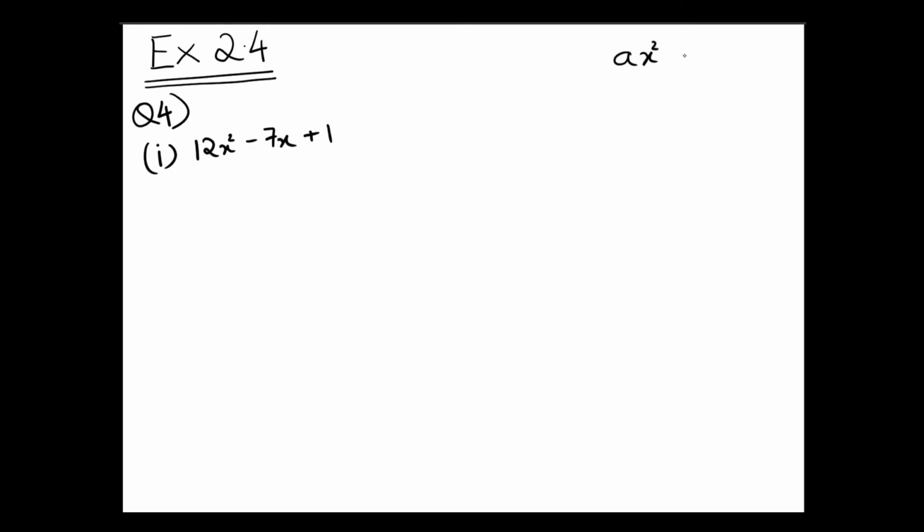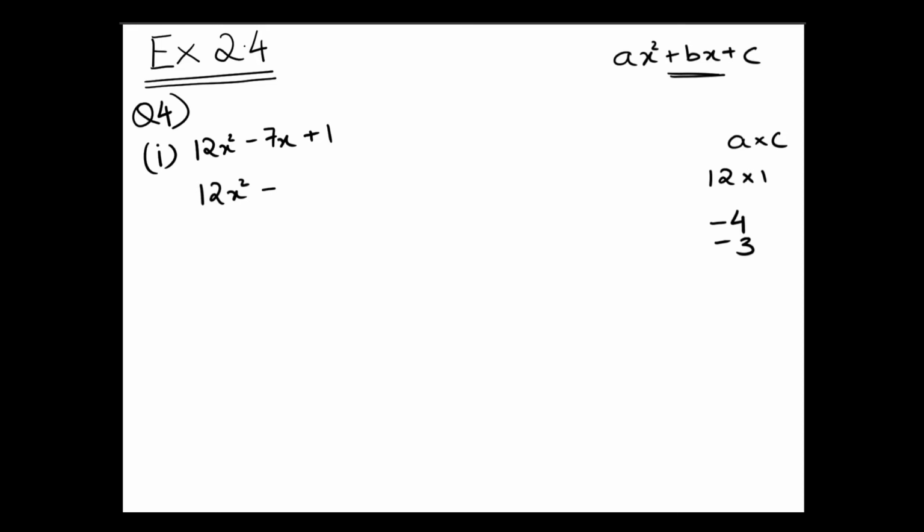Now in any quadratic polynomial of the form ax square plus bx plus c, in order to split the middle term plus bx, we need to make sure that we split it with the coefficients multiplying to a into c, right? In this case, it will be 12 into 1, which is equal to 12. And hence, to split the middle term, we can split it in the product of minus 4 and minus 3, which is equal to plus 12.